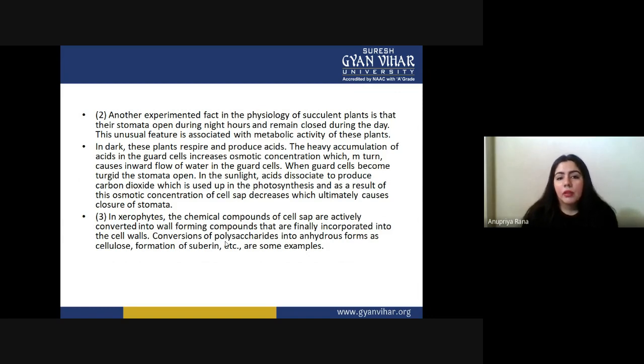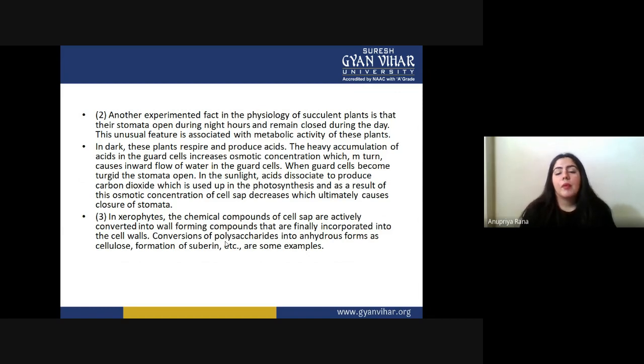Next here, the osmotic potential of the guard cells. Their osmotic potential is very low. If the osmotic potential is low, there will be no opening of the guard cells or stomatal pore. So this is also important for xerophyte plants, that their osmotic potential should be low. Lastly, the compounds of cell sap are actively converted into wall-forming compounds that are finally incorporated into the cell wall.